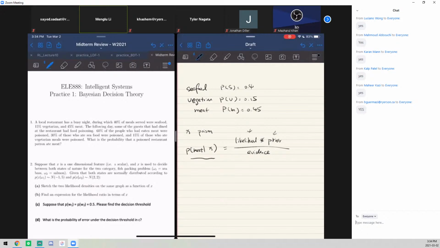The likelihoods are also given to us, where S means seafood and P means poison.